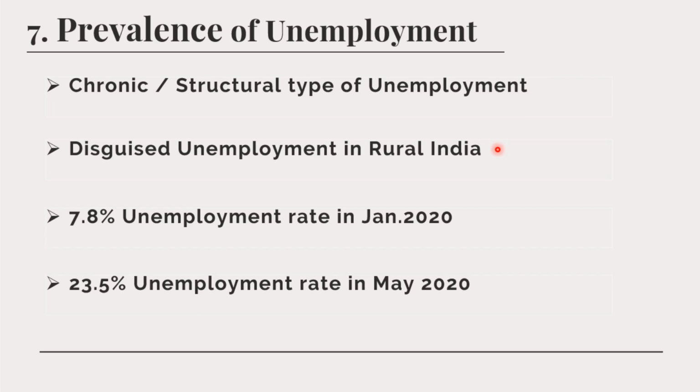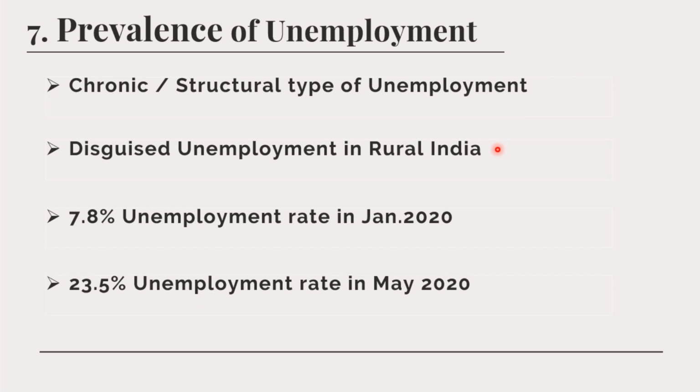That unemployment is known as disguised unemployment. Excess labor force is working in rural India. They are unable to contribute to increasing productivity of the agricultural sector. That is the second most dangerous type of unemployment that still exists in rural India.